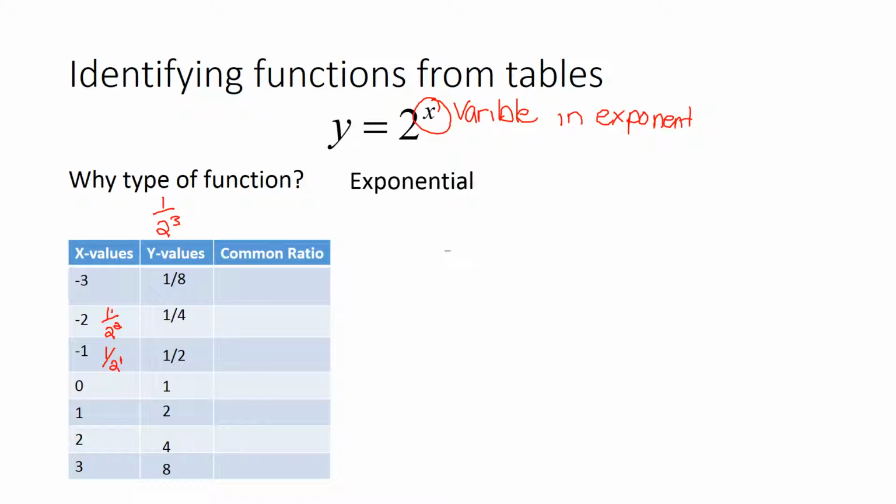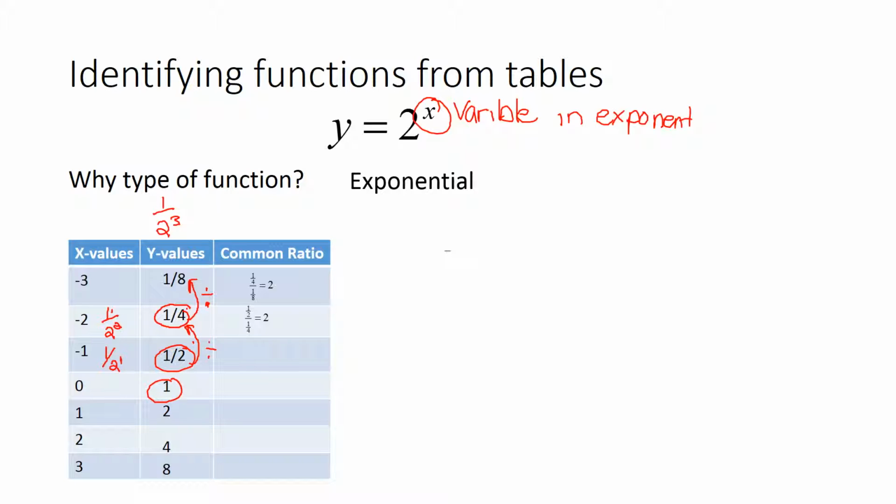Now what we're looking for is a common ratio. So we're taking 1/4 and dividing it. The last time we subtracted, but if it's exponential, we're going to divide. So we're doing 1/4 divided by 1/8. And you can do that on your calculator if you like. And then we're going to do 1/2 divided by 1/4.